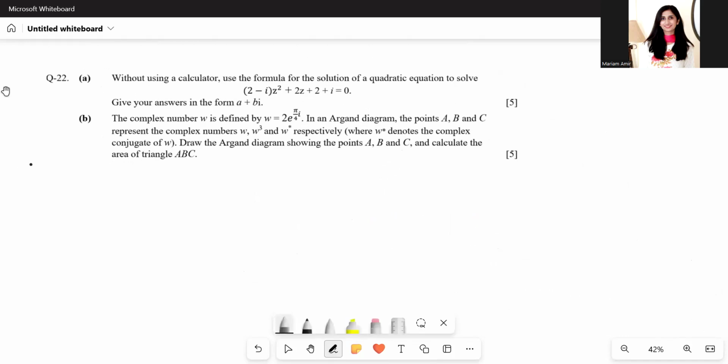All right, so we have W equals 2e to the power pi by 4 iota. Since I need to plot it on an Argand diagram, I need to know what this is in x plus iota y form. So I'm going to rewrite it in cos and sine form first.